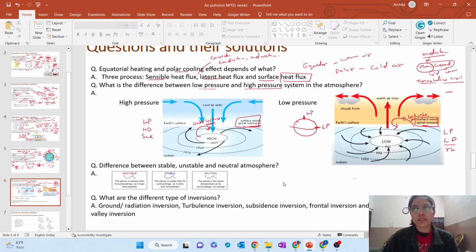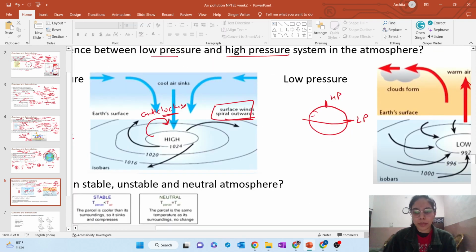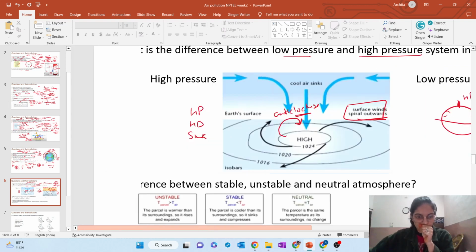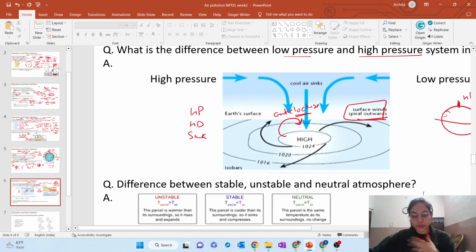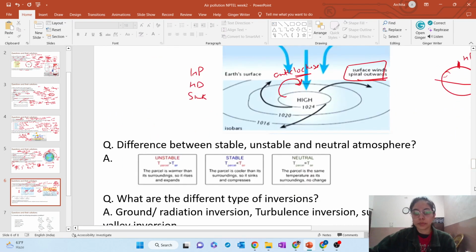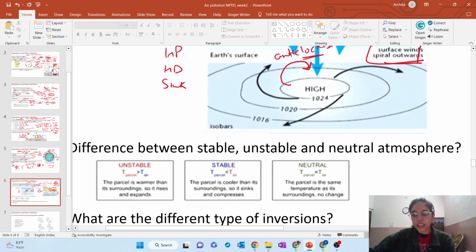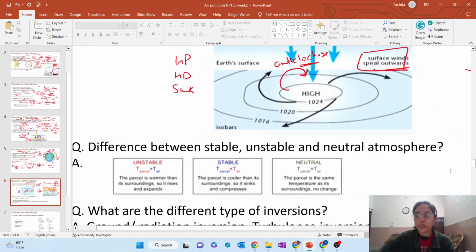Atmosphere is a very generic term, but when we start studying it, we know that atmosphere can be stable, can be unstable, and can be neutral. Okay. Now, the next question is how we differentiate between the different types of atmosphere.